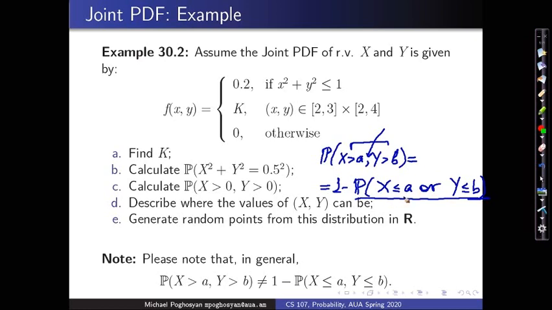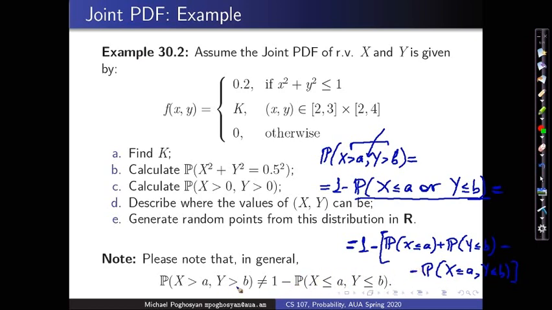So you can calculate this by writing 1 minus the probability that x is less or equal than a plus the probability that y is less or equal than b, and minus the probability that x is less or equal than a and y is less or equal than b. So this is the correct formula if you want to write this in the complement form.